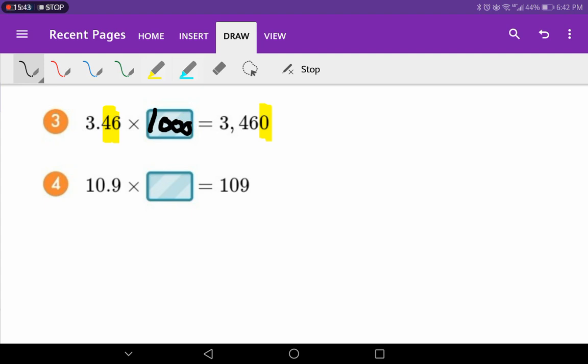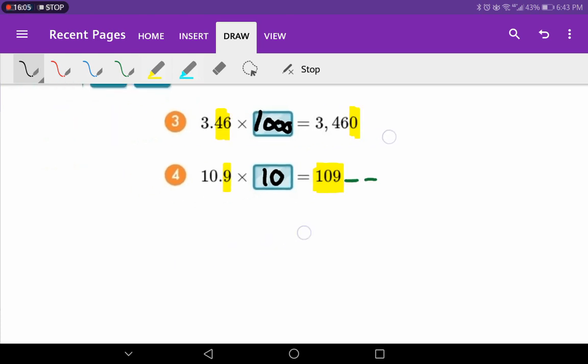Now, one digit after the decimal, and there are no zeros here. That means he moved one step, moving one step means 10. Okay, my dear student, do you want me to repeat this?